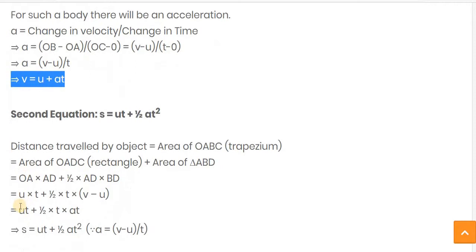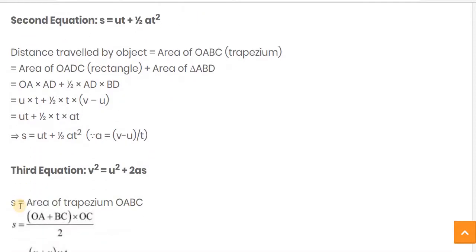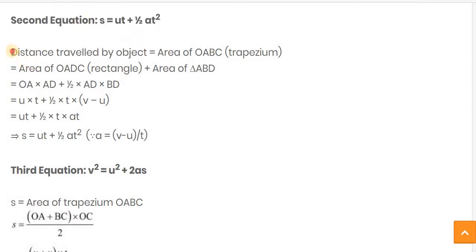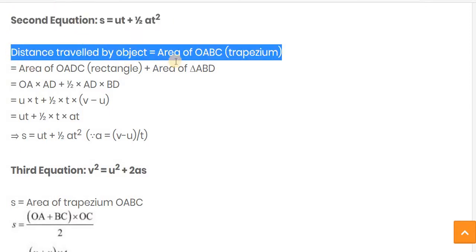Now let's see the second equation of motion, that is s is equal to ut plus 1/2 at square. The distance traveled by the object is equal to the area of OABC, which is a trapezium.